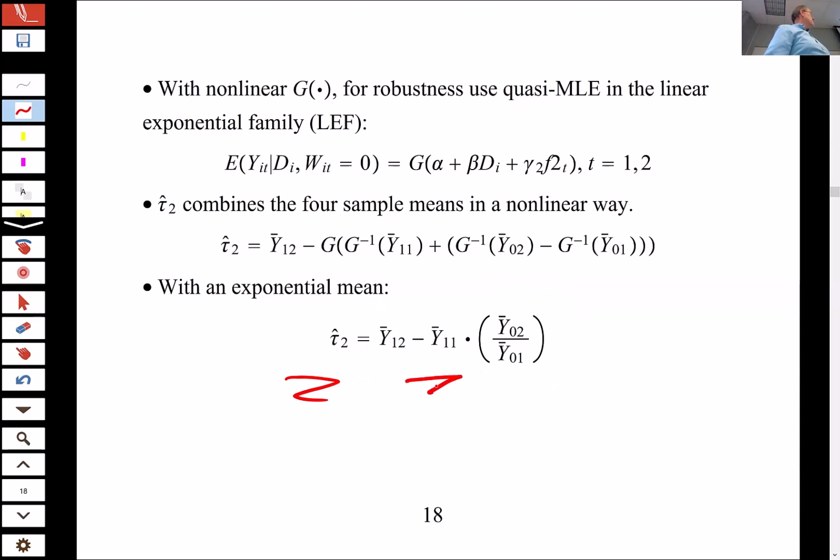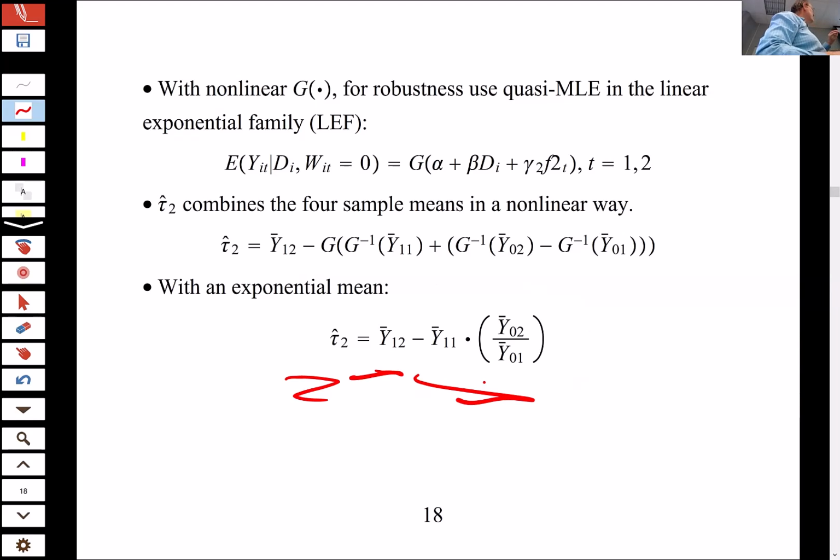You take the outcome for the treated units in the first period, and then you essentially project what would have happened. This is a trend, if you will, a growth term. We're only going to conclude there's an effect if this is different from what we would have projected based on estimating the trend using the control units.